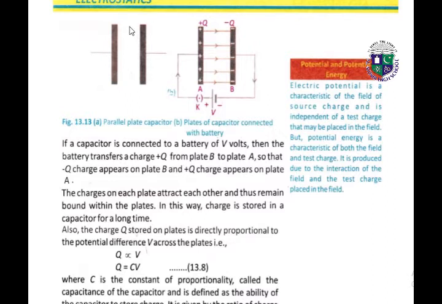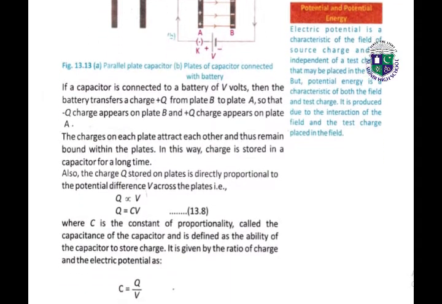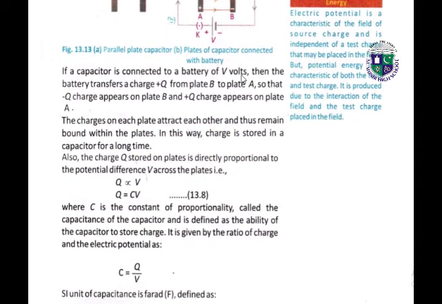The medium between them can be air or any insulator. Same figure, part B shows the plates of the capacitor which are connected with a battery. So if a capacitor is connected to a battery of V volts, then the battery transfers a charge plus Q from plate B to plate A.